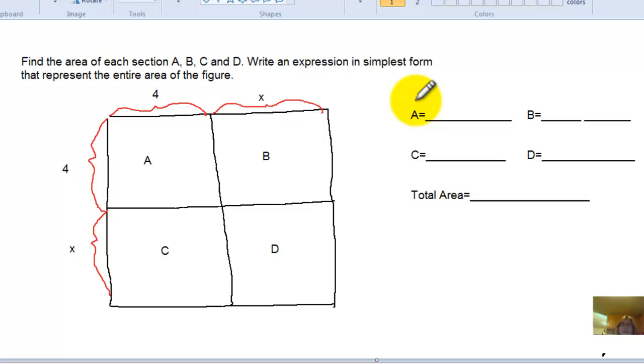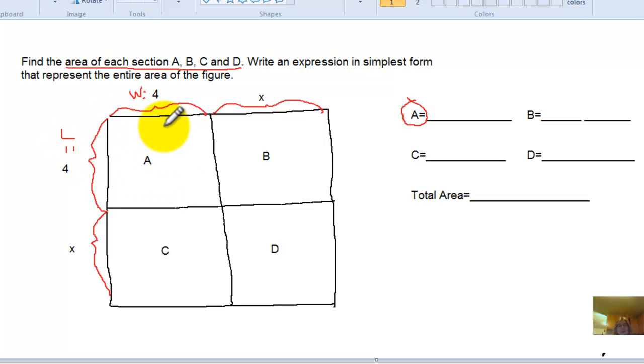So, the area of A, see, they want the area of each section, A, B, C, or D. Now they want this length of this section times the width. So the width equals 4, and that length is 4.